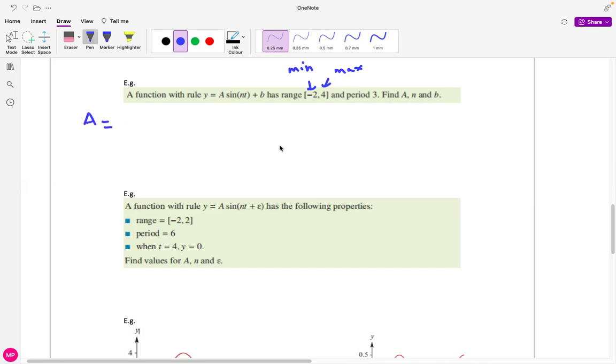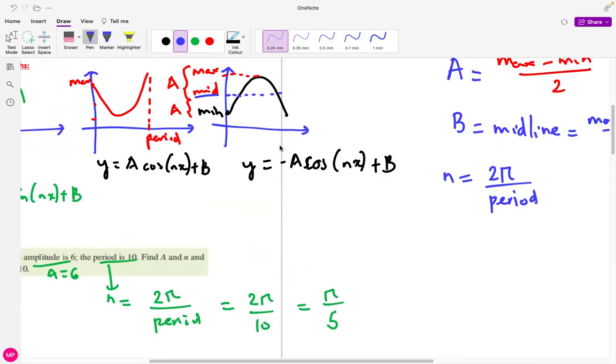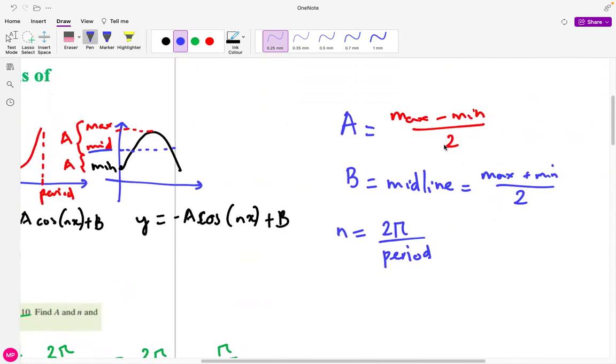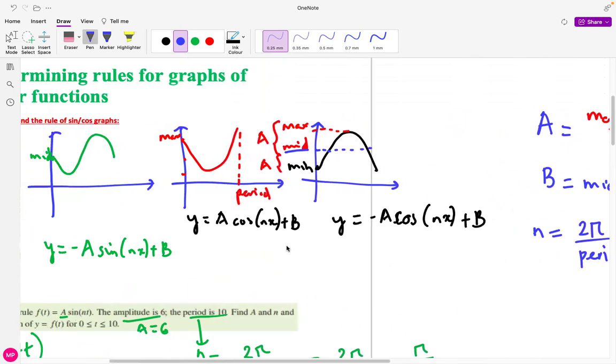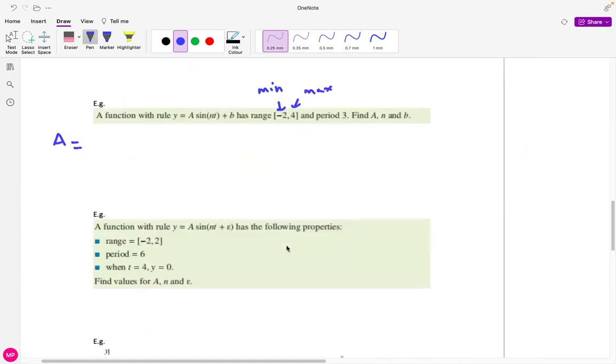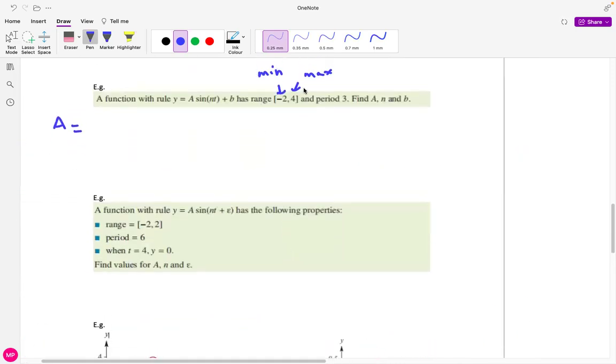If you recall, we talked about how to find A. If they give you the maximum and minimum, you can just do A equals max minus min divided by 2, and B is max plus min divided by 2, if they didn't give you the graph and just the minimum and the maximum. So A is max minus min divided by 2. So max is 4 minus min is -2, divided by 2.